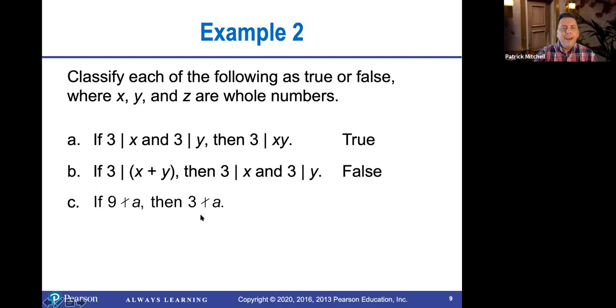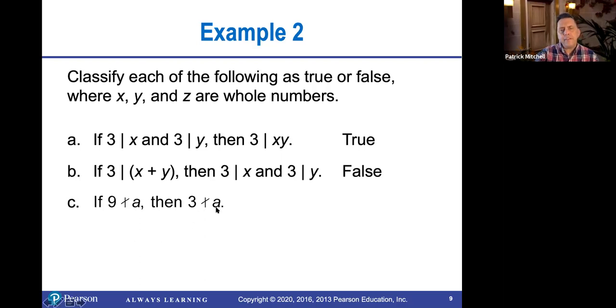And letter C is also false. Can you think of a counterexample for letter C? How about 6? 9 does not divide 6. However, 3 does divide 6. Okay. Let's see, would that work the other way around?